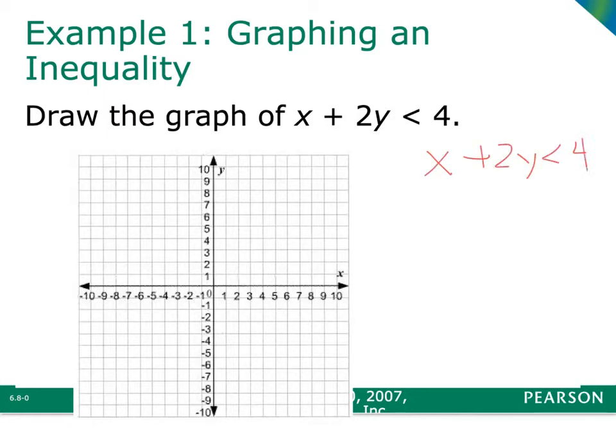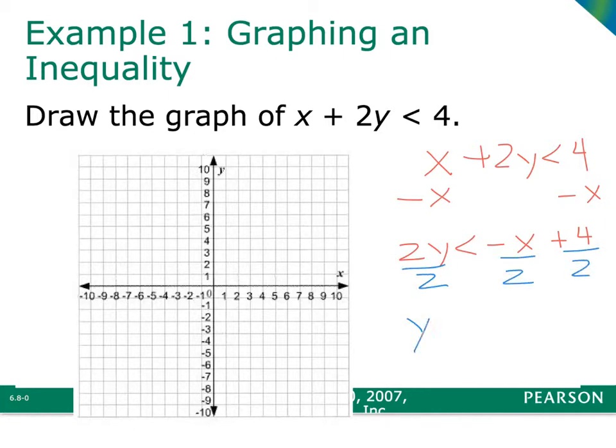So to do this, I'm going to first subtract the x to the other side of the inequality. So I have 2y is less than negative x plus 4. And then I'm going to divide each side by 2. So y is less than negative 1/2 x plus 2.